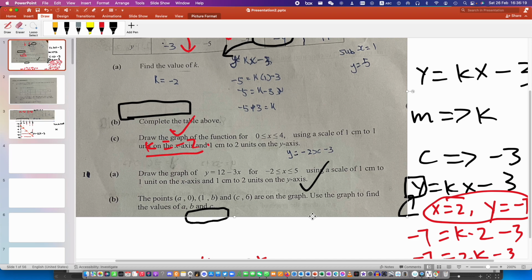Draw a line. Okay. Good. Arrow. Okay. Label all the points quick.